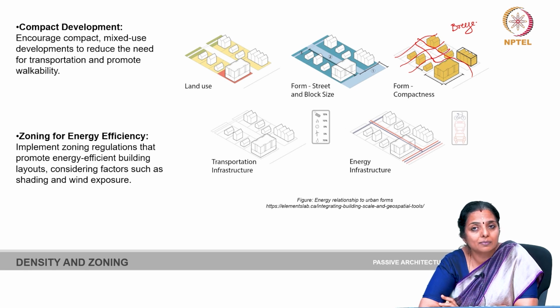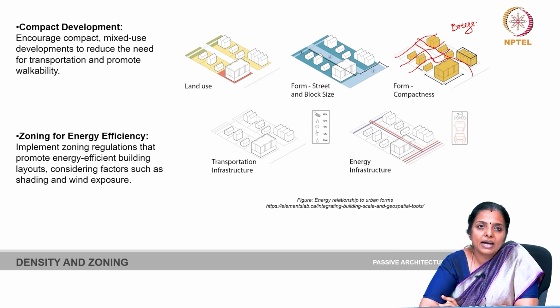Besides, amenities must be placed in such a way that people do not have to walk for long hours to reach the basics. So, basic amenities must be within walkable distance. These are the things one must take care of during planning.